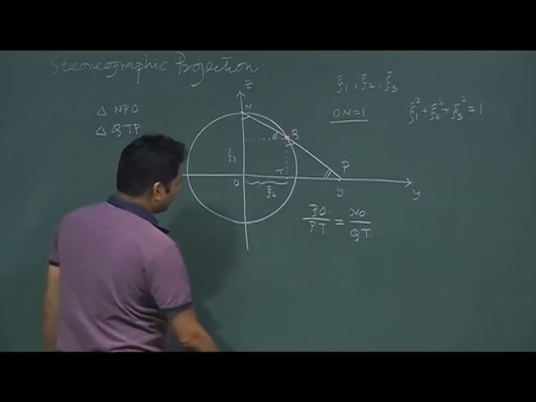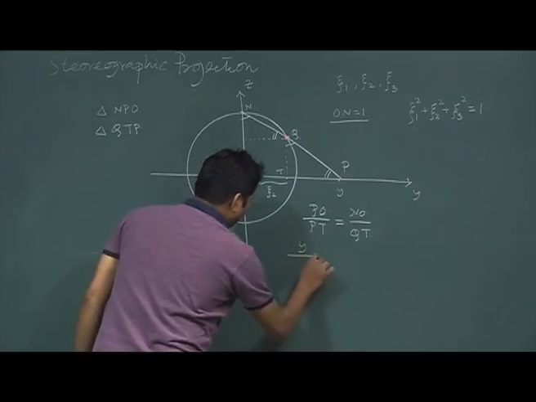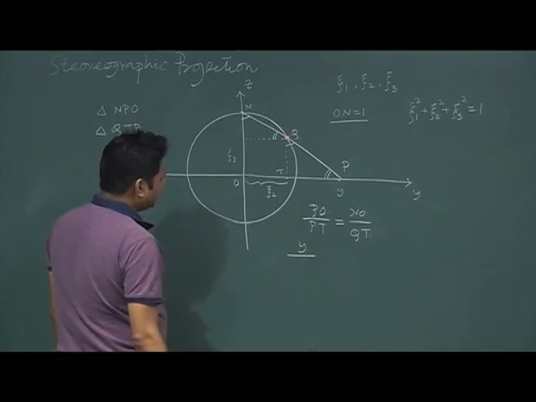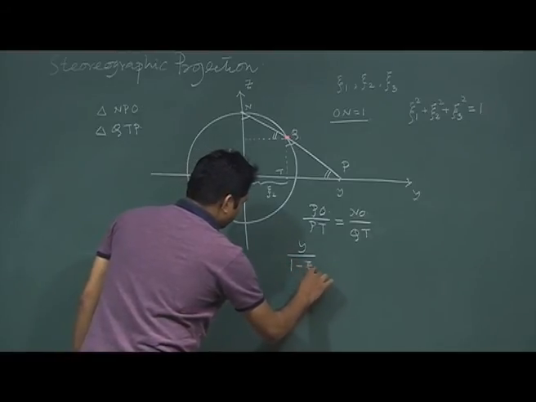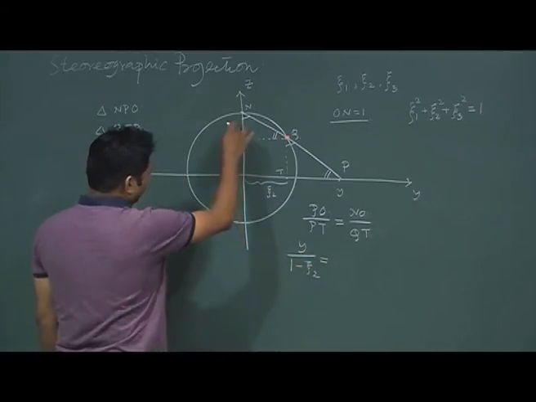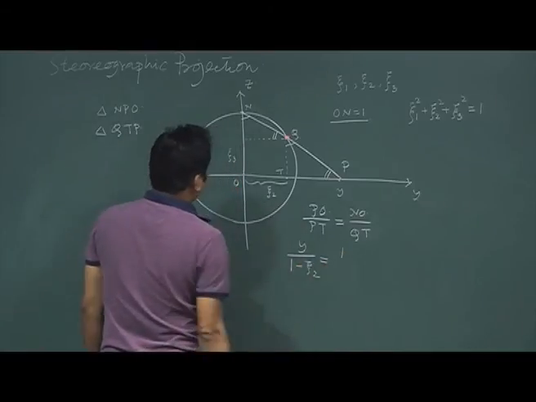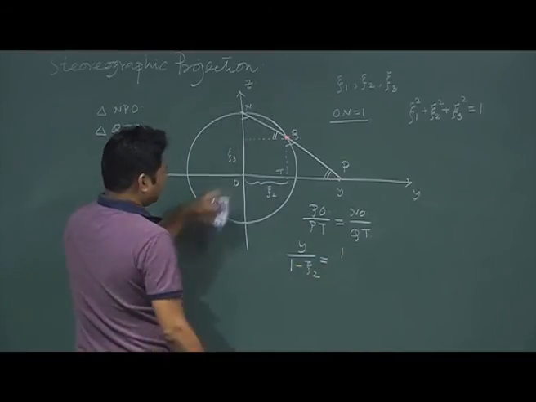PO is how much? PO is y, and PT seems to be 1 minus xi 2. NO is 1 and QT is nothing but xi 3.